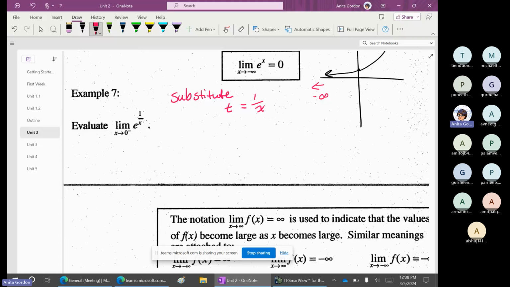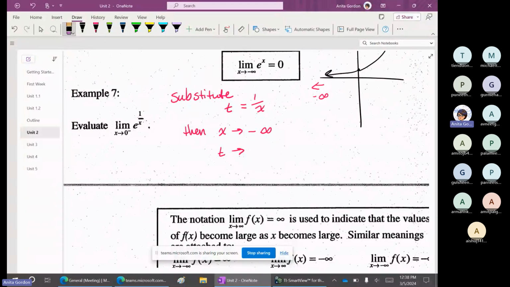Is it 1? No? Okay, think of it this way. If t equals 1 over x, then when x approaches negative infinity, t must approach what number?